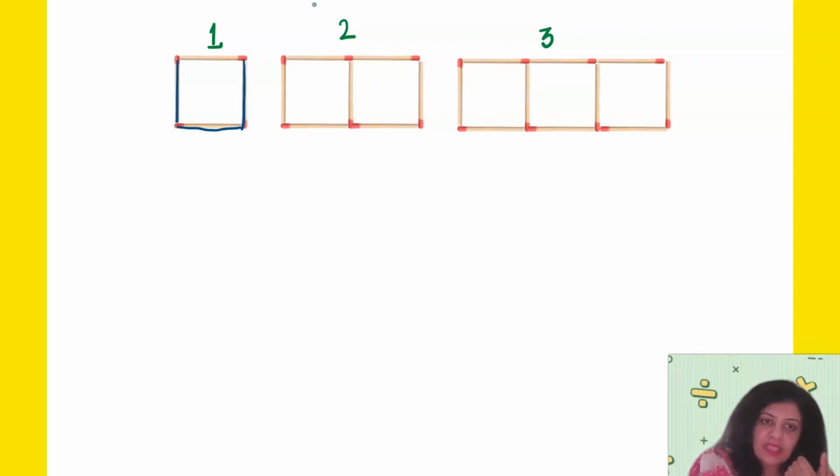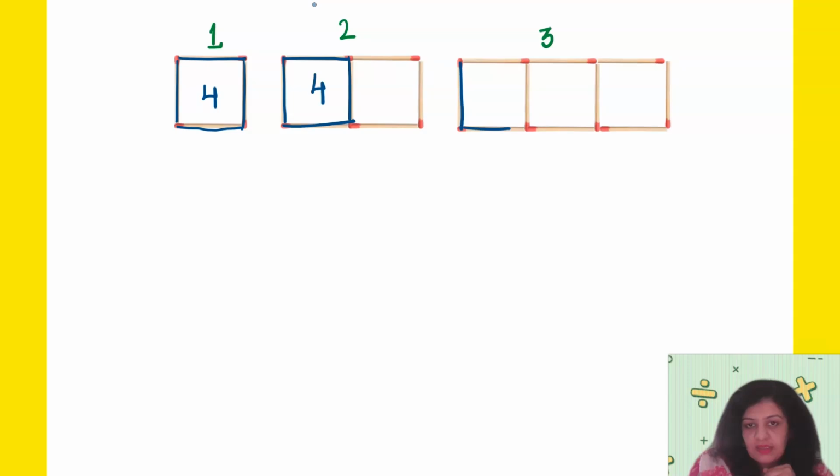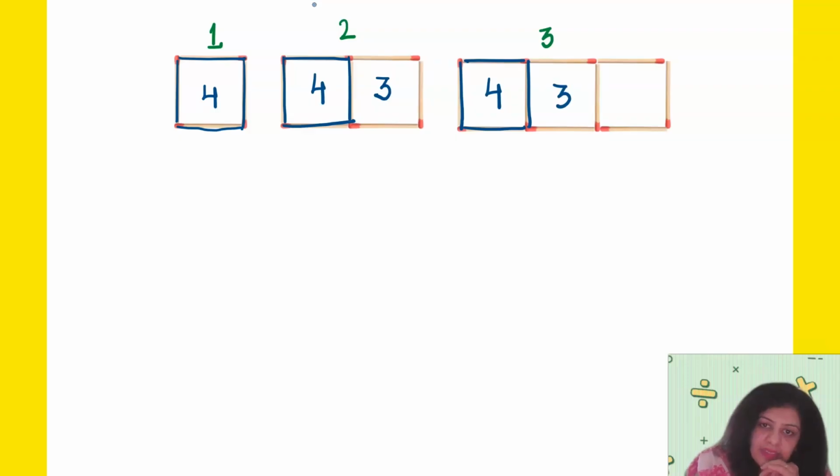So for such a pattern, let us look at the first figure. It has 4 matchsticks. The first square of each shape has 4 matchsticks. Now, 3 more have been added in the second figure, and 3 one more time have been added in the third figure too, so that we can get 3 squares.